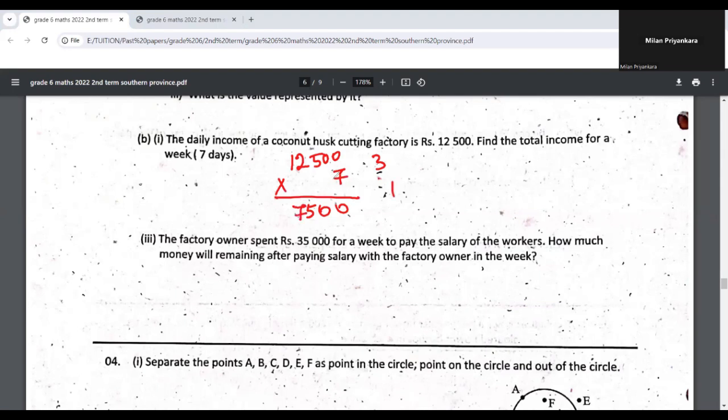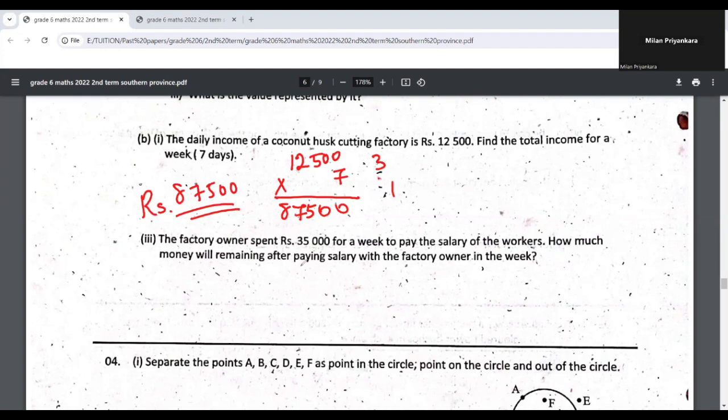And 1 carries. 7 into 1 is 7. 7 plus 1, 8. So it should be 87,500. And you have to write units, especially because here you have been given rupees, right? So 87,500 rupees is the income for a week, right?